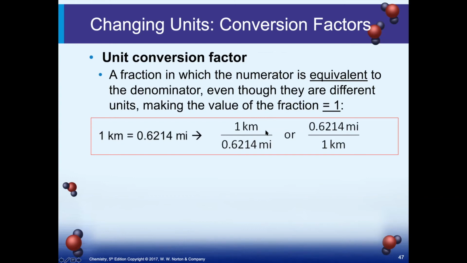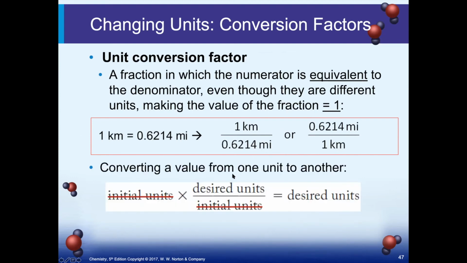You can use them however you want, in whatever way you need to get the units to cancel that you want to cancel and to keep the units that you want to keep. So I could also represent this conversion factor as just the reciprocal of this. Okay, so that's the purpose of a conversion factor. It is an equivalency. What's in the numerator is the same as what's in the denominator.